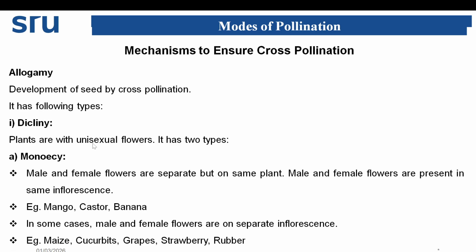That is called monoicy. For example, when male and female flowers are present in the same inflorescence, examples are mango, castor, banana. When male and female flowers are on separate inflorescences, examples are maize, cucurbits, grapes, strawberry and rubber.